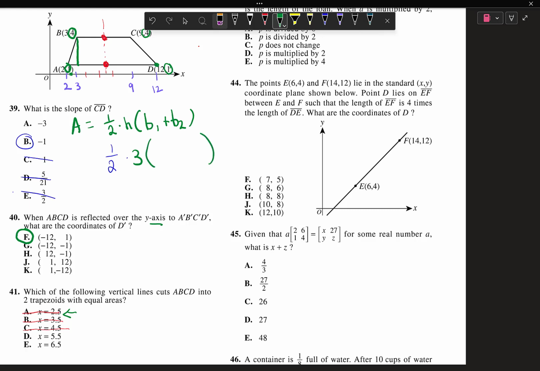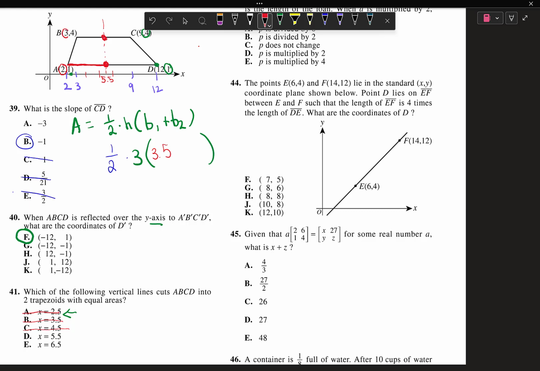The length of the bases requires a little bit more investigating here. So the bases are the parallel bases. So what's this length? This length is the distance between the x-coordinates. So the distance between 2, remember this x-coordinate is 5.5. So the distance between 2 and 5.5 is 3.5.